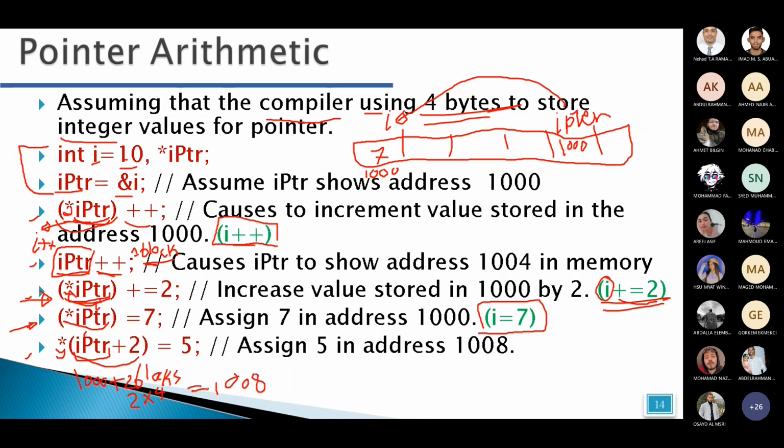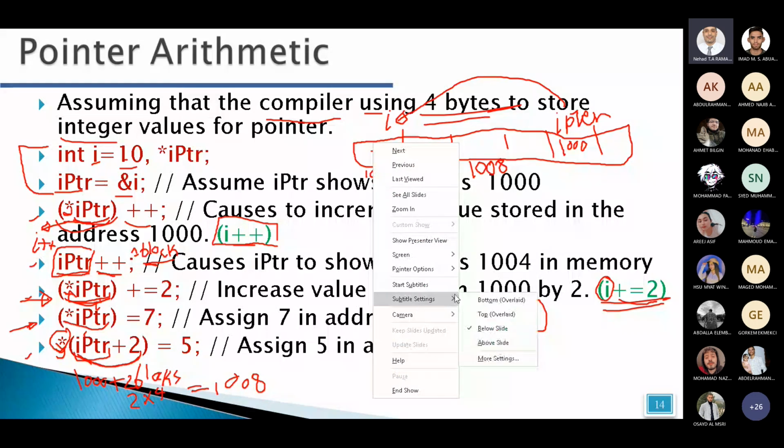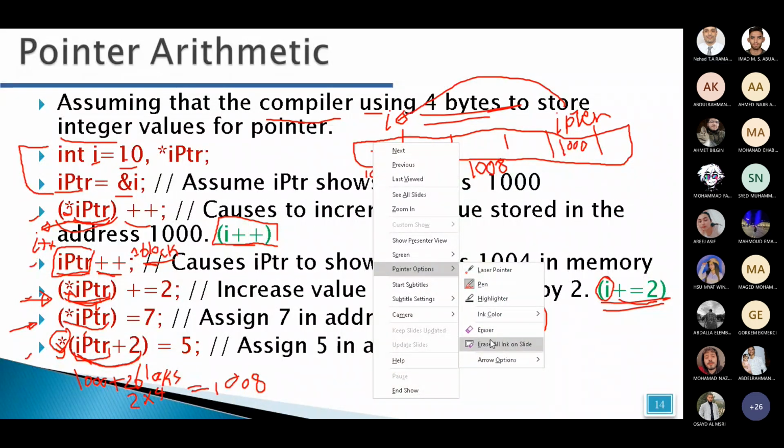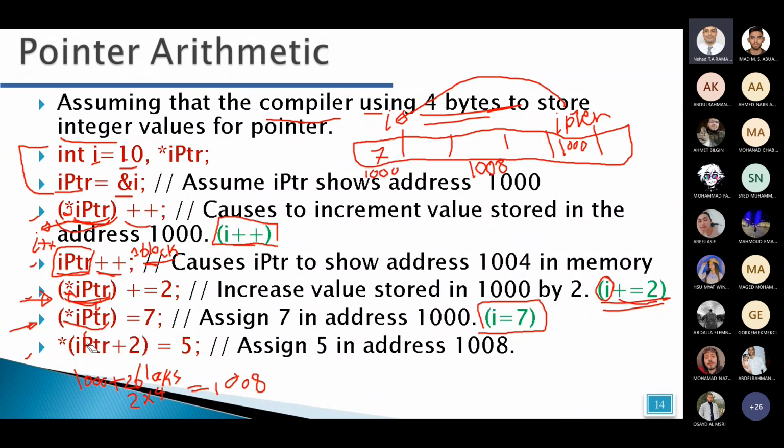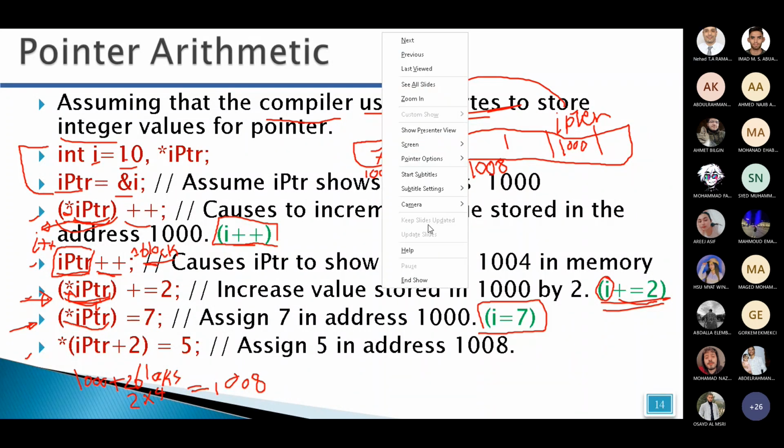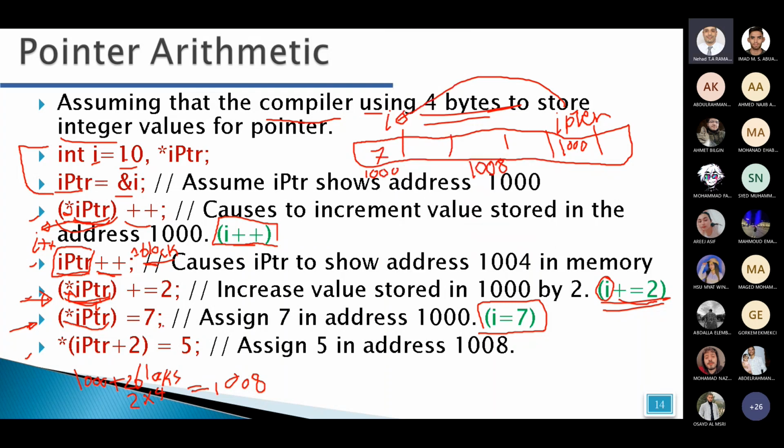So this one equals 1008. So inside this 1008, and here star. 1008 means somewhere here. And we said star. What's the meaning of star? Star means the value stored at this address. So this one gives me address 1008.